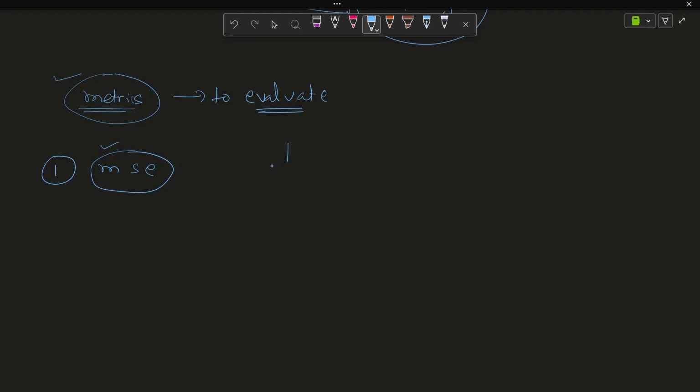The formula, you already know it. This is y pred. Then there is mean absolute error. So why is there mean absolute error?